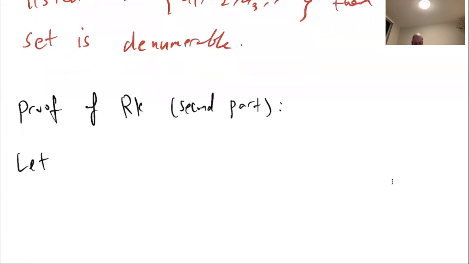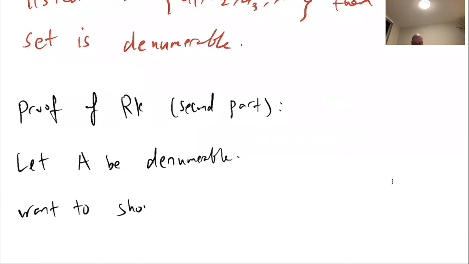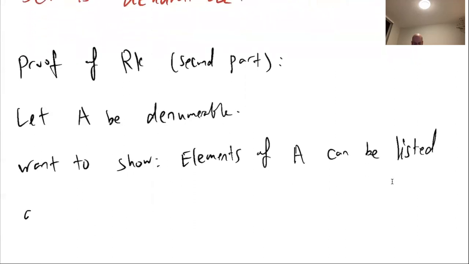Let, for example, A be denumerable. We want to show that the elements of A can be listed as A1, A2, and so on.